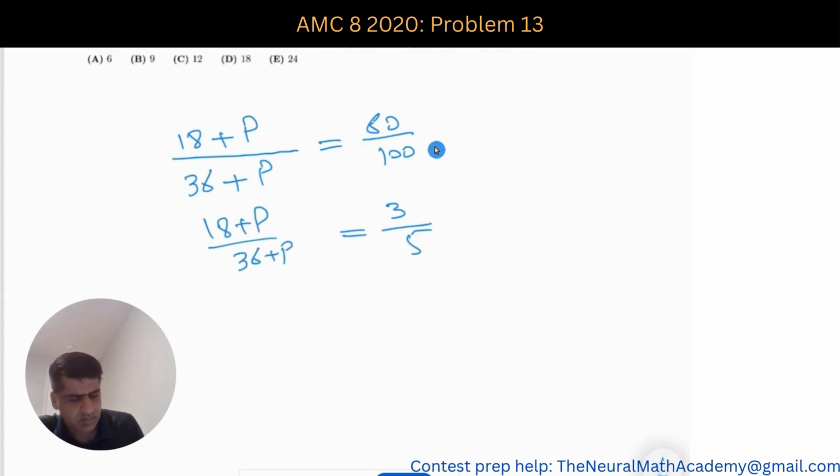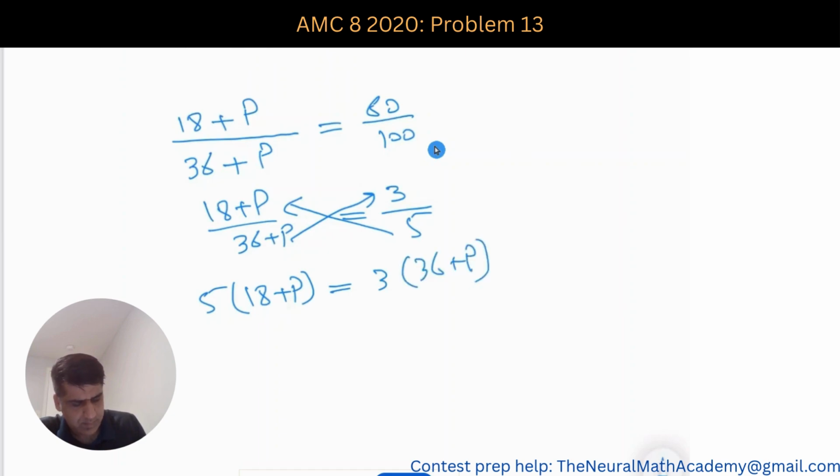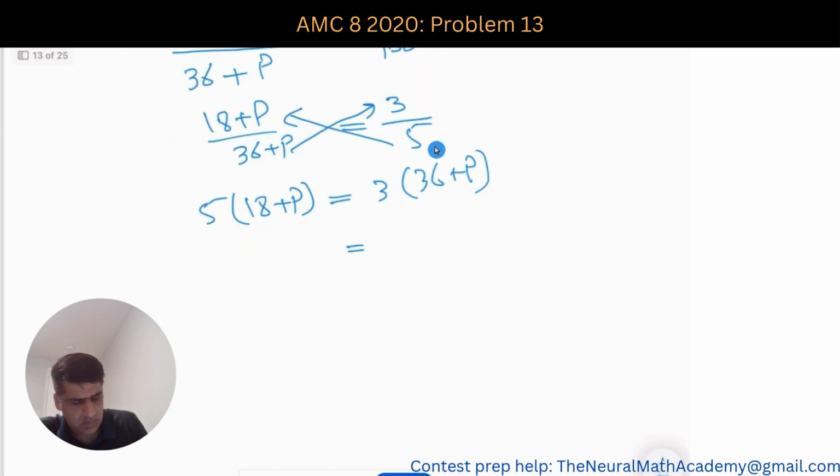And now we can simply cross multiply and solve it. So then here is 108 plus 3p, equal to 90 plus 5p.